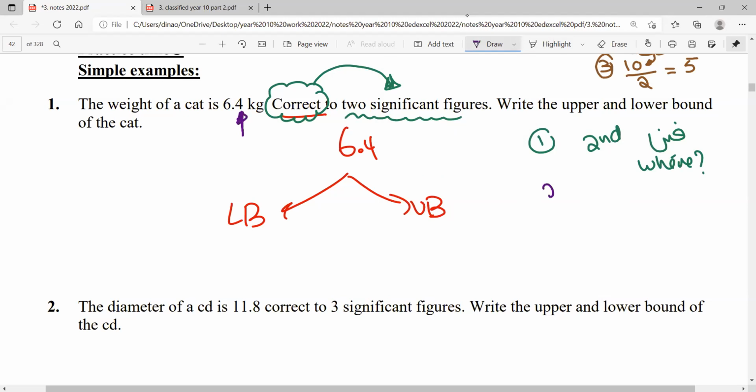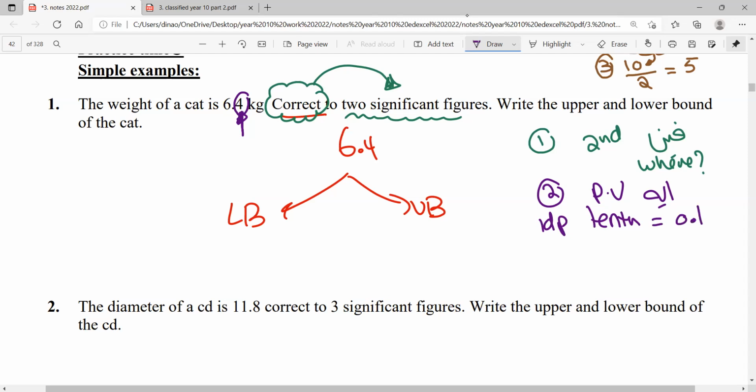The second question that I ask myself, after asking where is the second significant figure, is what is its place value? What is the place value of this second significant figure? The place value of this second significant figure is the 10th or 1 dp. And then 10th is equivalent to 0.1.